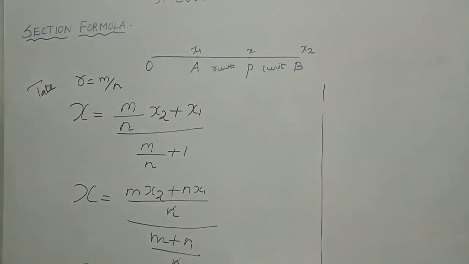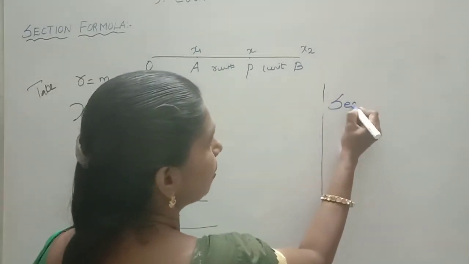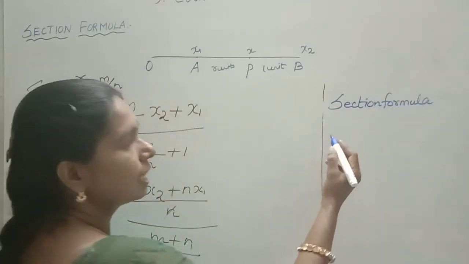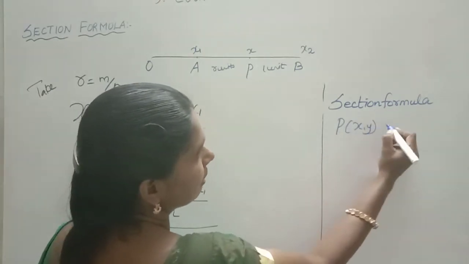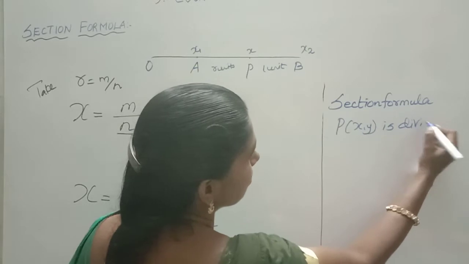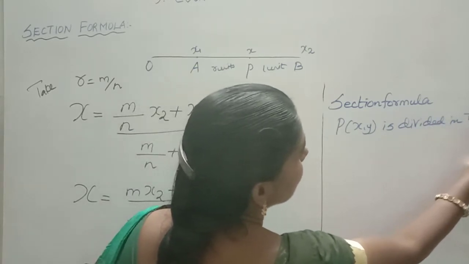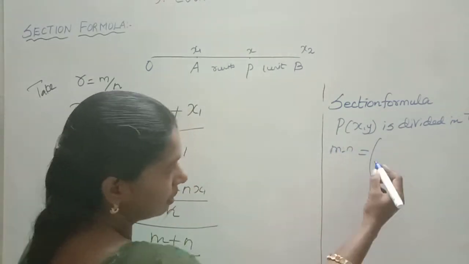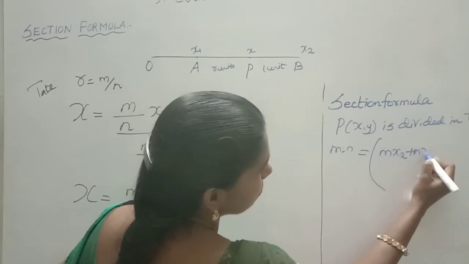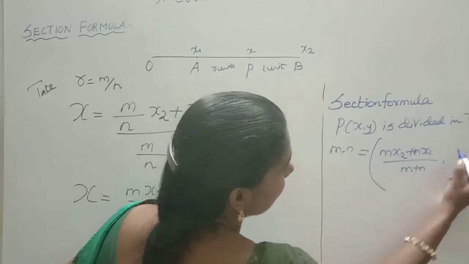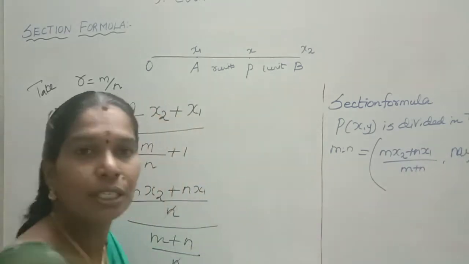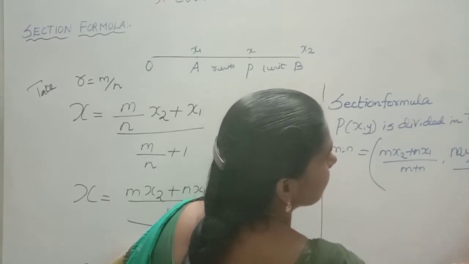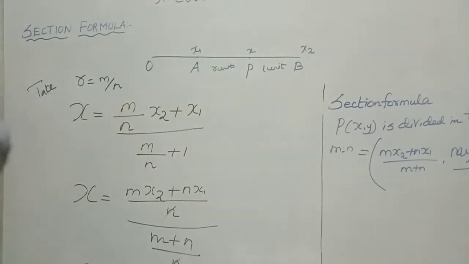What are the coordinates of P of x comma y? The section formula for P of x comma y: if a line is divided in the ratio m is to n, then P of x comma y is equal to mx2 plus nx1 by m plus n, comma, my2 plus ny1 by m plus n.